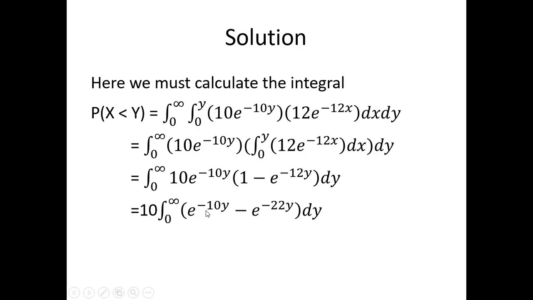So we could work these out even as separate integrals. You'd have to use a u substitution to work these out. I would suggest try working this out from this point, and our final answer should end up being 6/11.